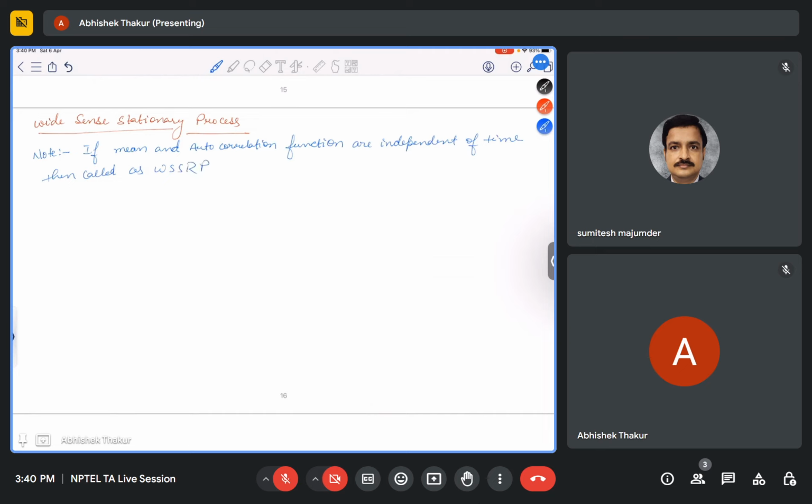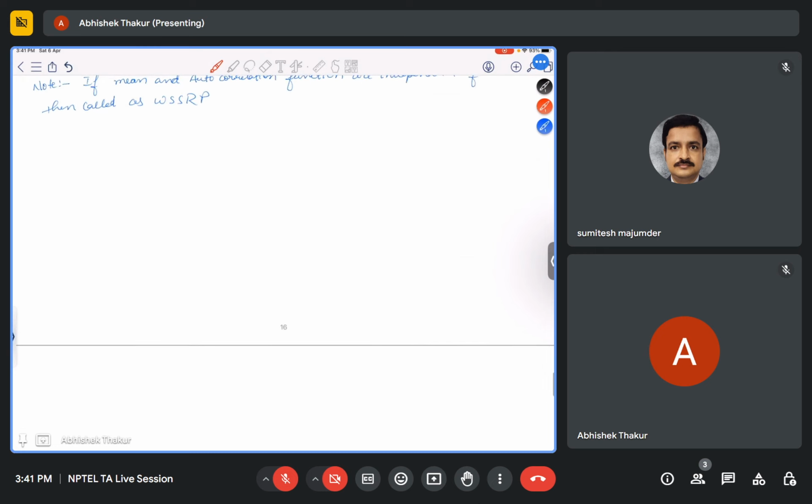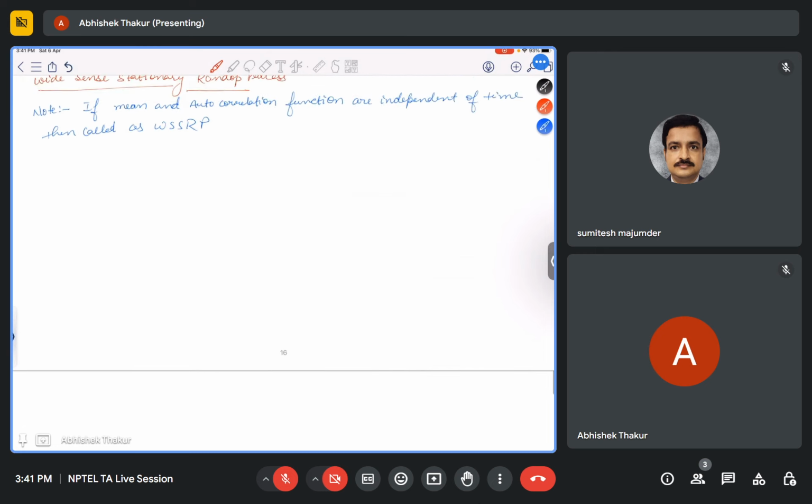Now we'll solve some questions on this from previous year GATE questions. The first condition is that the mean is independent of time. Let's suppose the mean, denoted as m1(t), is some constant value that does not depend on time.